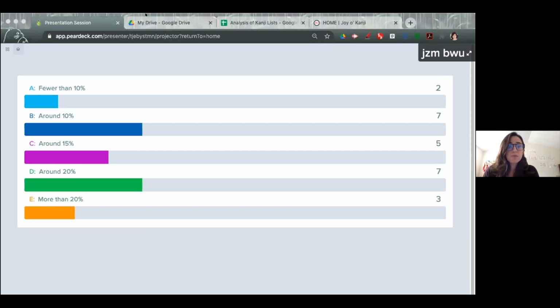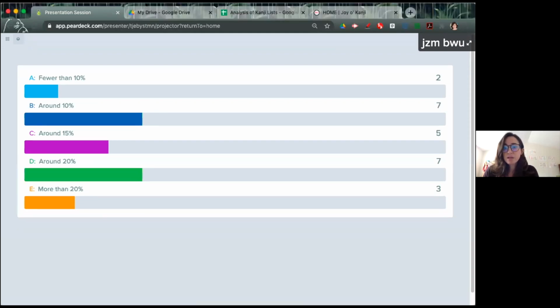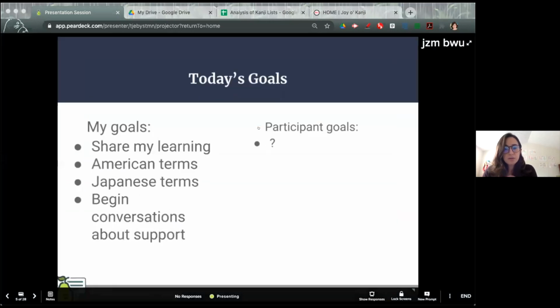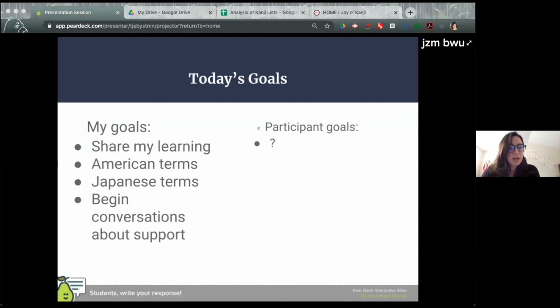Like I said, we've got really experienced colleagues here who are not yet coming to a consensus on this. So as we talk through my big goals for the day, I spent a lot of time in the spring working on research specific to this, because I discovered I really didn't have any knowledge of the Japanese terms for learning disabilities.